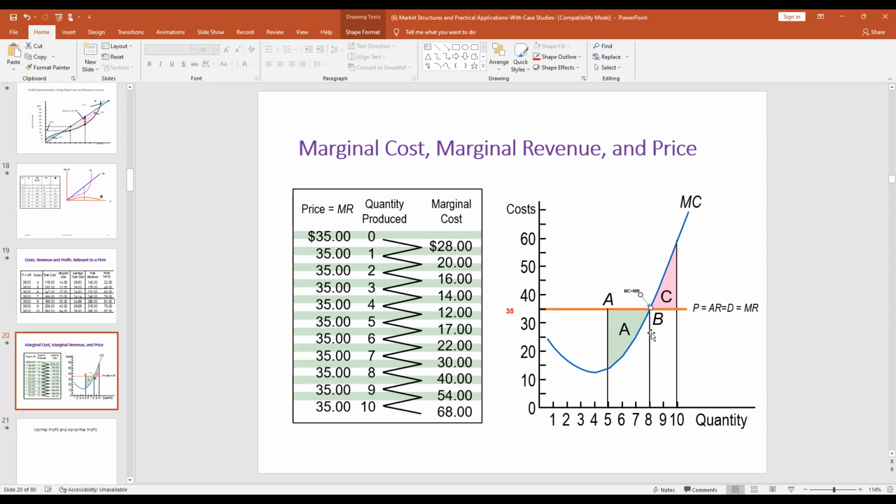Therefore, you will increase until this point. If you increase more than 8, your cost is going to be higher than your income. So no point of increasing more than 8, because your cost is going high. So this is the point we call the profit maximization point.